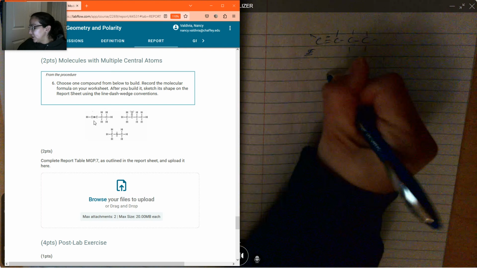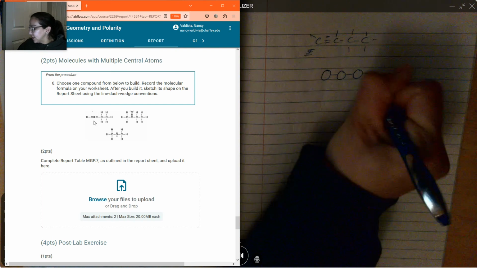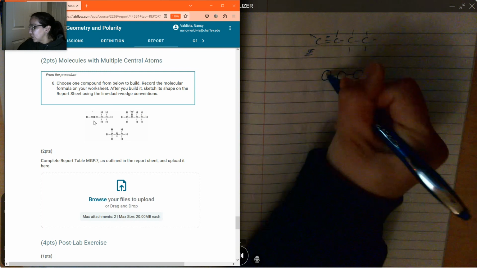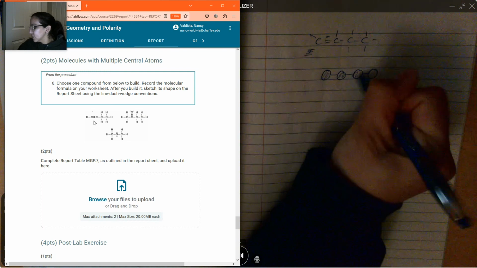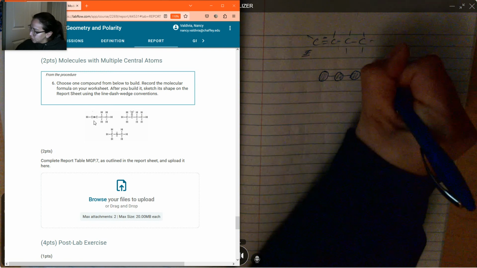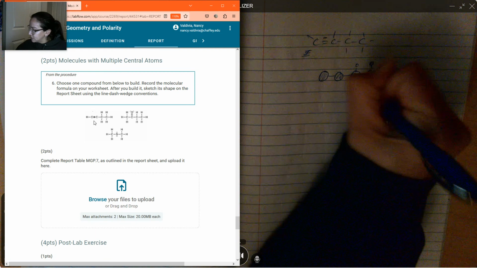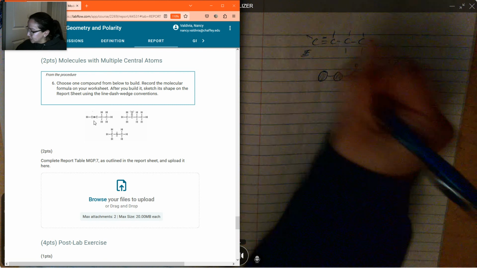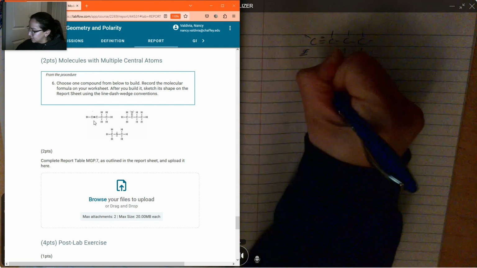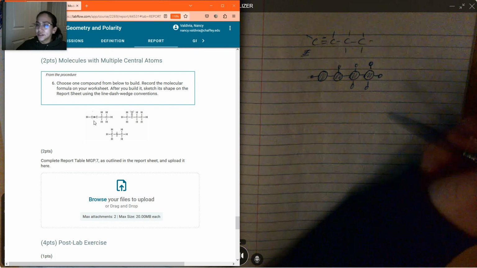So you just want to build the stick figure. It's called the ball and stick figure. So you're going to have your carbons, and attached to each one of your carbons is going to be your hydrogens, which are these tiny little ones right here. And this is going to look like this. Okay, so you're going to draw a ball and stick figure. So this is the first one.